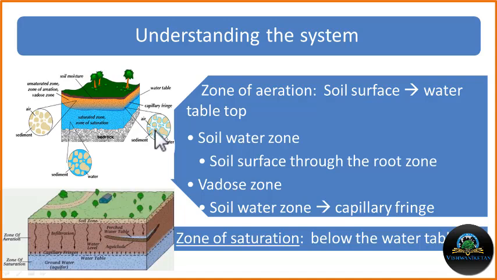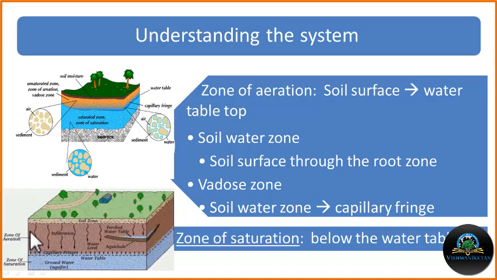In this zone, there may be a thin film of water around the grains, while in the zone of saturation, all the cracks, pores and openings are filled by water. This zone of saturation, or the upper layer of the zone of saturation, may be termed the groundwater table.